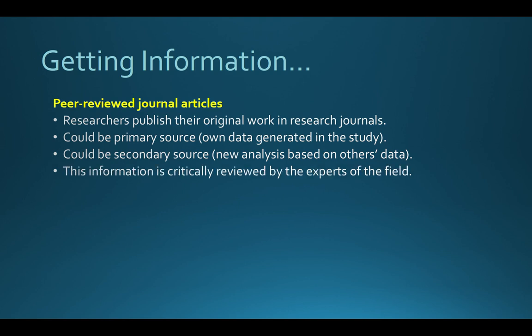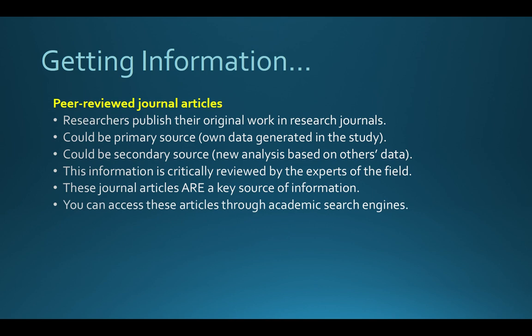So this information is critically reviewed by experts in the field, and it ultimately gets published in journal articles, which are a key source of information. And you can access these kinds of articles through academic search engines.